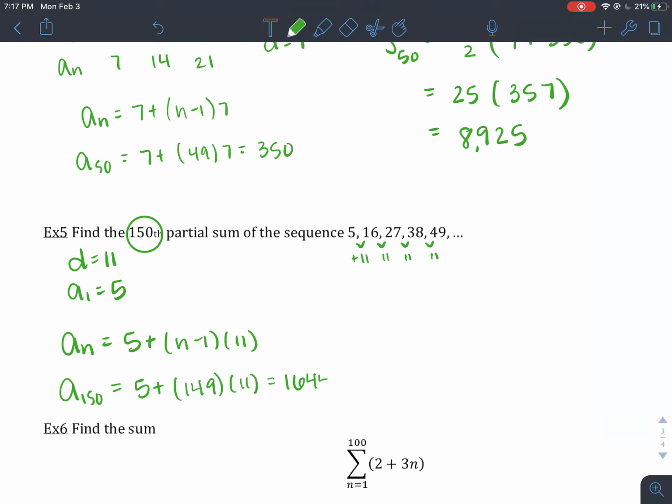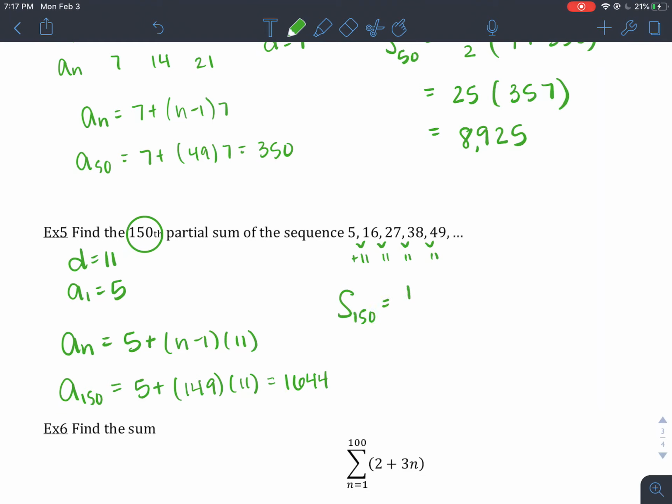That is 1,644. So the first term of our sum is 5. The last term of our series is 1,644. We want to add up all of the numbers in between: 5, 16, 29, and 38.